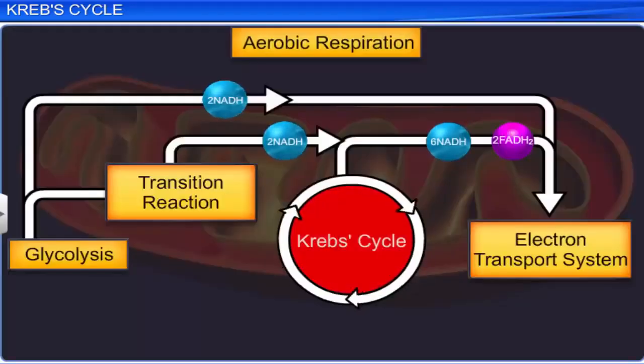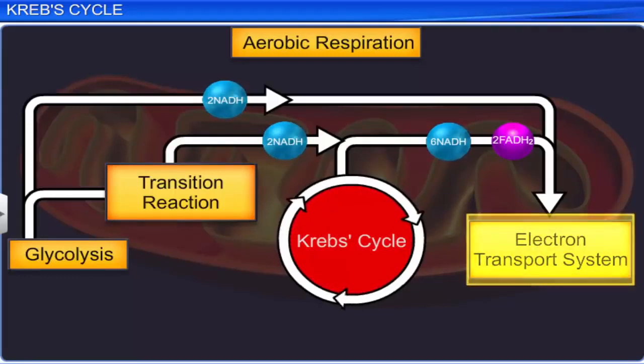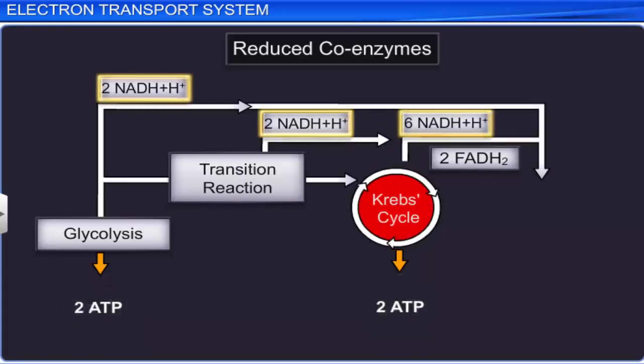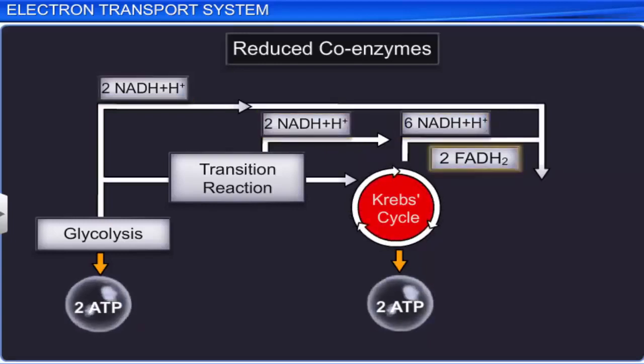Further generation of energy as part of aerobic respiration takes place in the electron transport system or ETS. As you know, glycolysis and the Krebs cycle together result in the formation of reduced coenzymes such as 10 molecules of NADH plus H plus ions and 2 molecules of FADH2 and 4 molecules of ATP.